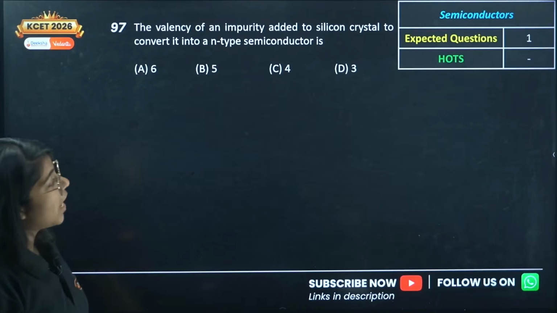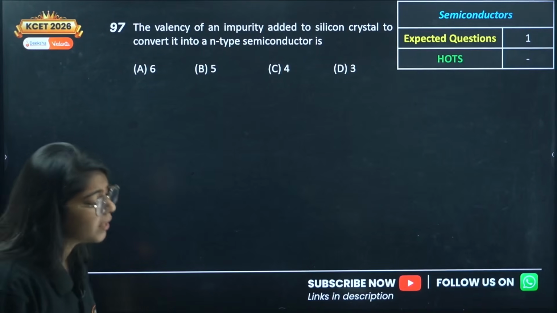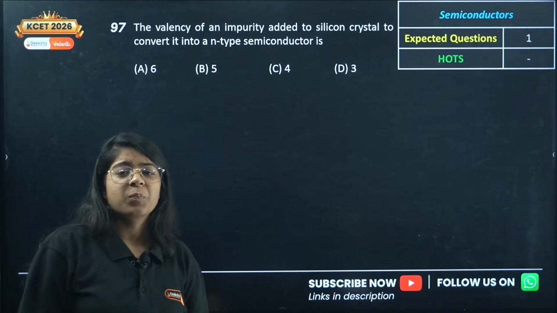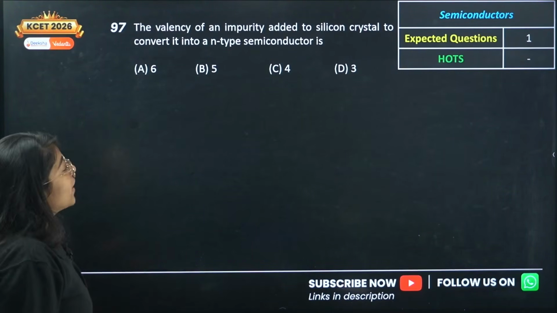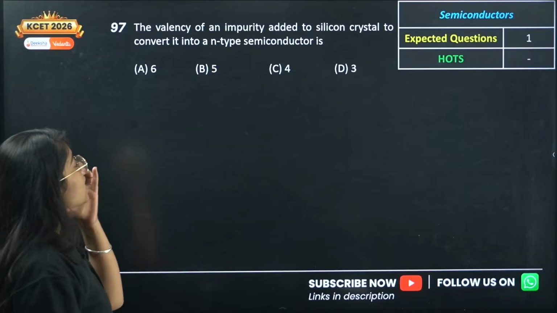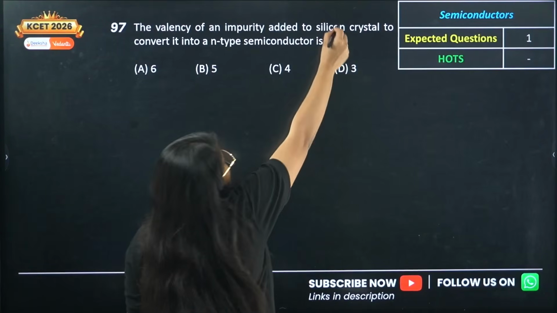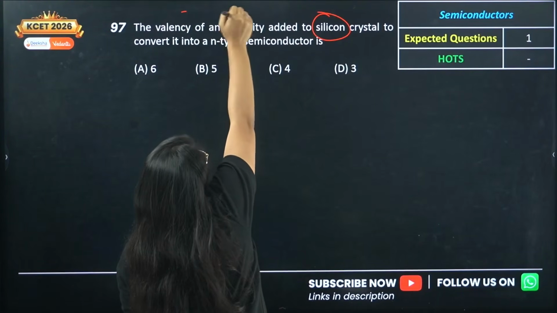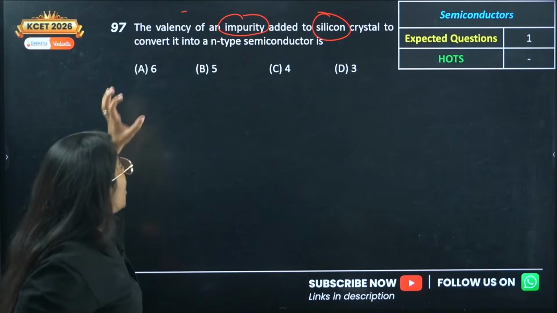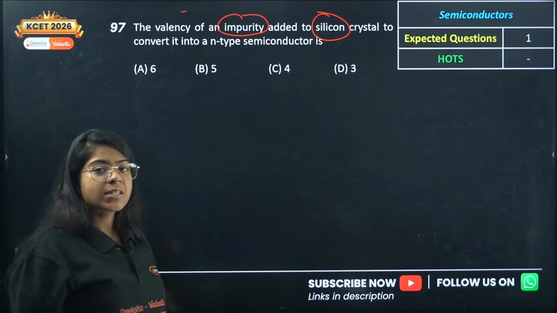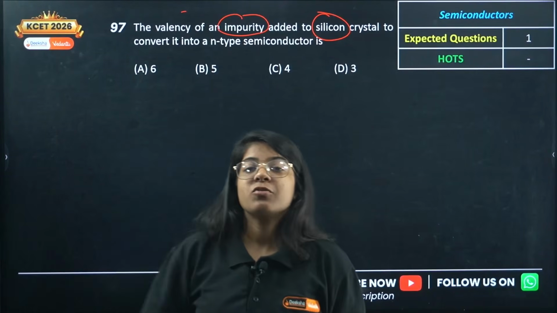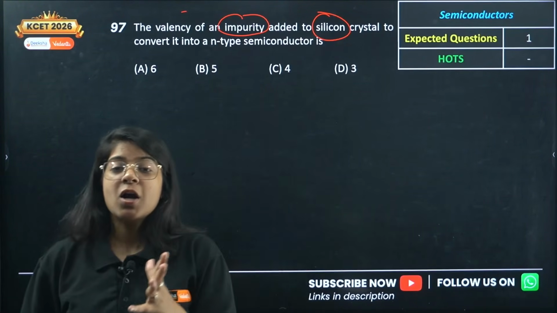97th, and we are moving on to the chapter semiconductors. Not a very big chapter, but I really like this chapter. The valency of an impurity added to silicon crystal. We have added an impurity to convert silicon into an N-type semiconductor. Now we can convert silicon into either P-type or N-type. While converting it into N-type, what do we need?